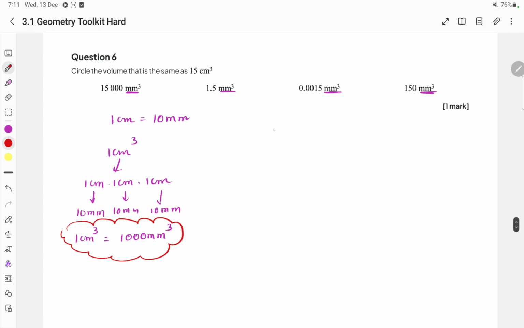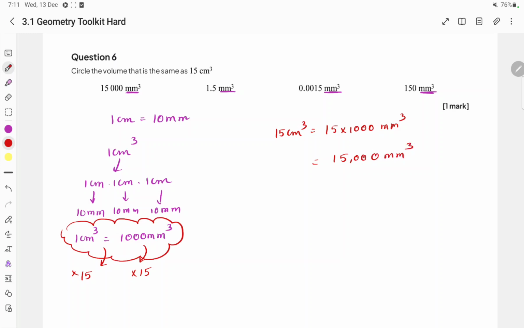Here they are asking us to convert 15 centimeter cube. So I have to multiply by 15 on the LHS, and if I multiply on the LHS, I have to multiply on the RHS also. So 15 centimeter cube will be equal to 15 into 1000 millimeter cube. 15 into 1000 is 15,000 millimeter cube.